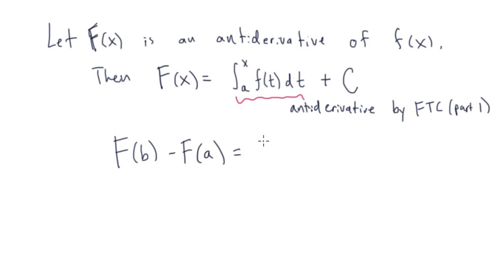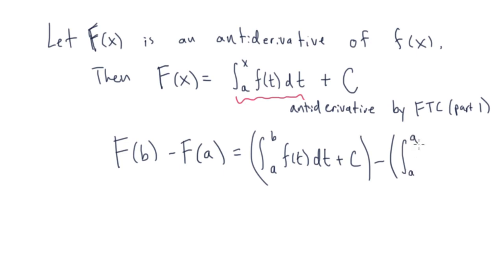This is going to be, okay, F of b, so I'm just going to plug in b, the integral from a to b of f of t dt plus c. So this is just F of b, and then F of a is the integral from a to a of f of t dt plus c.